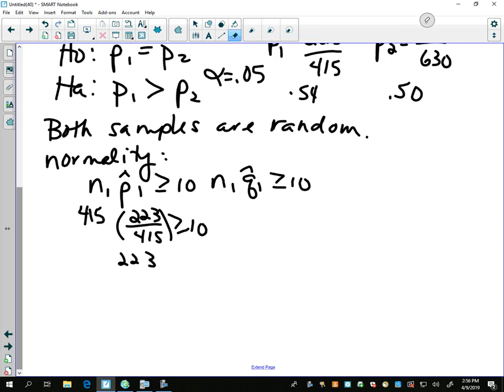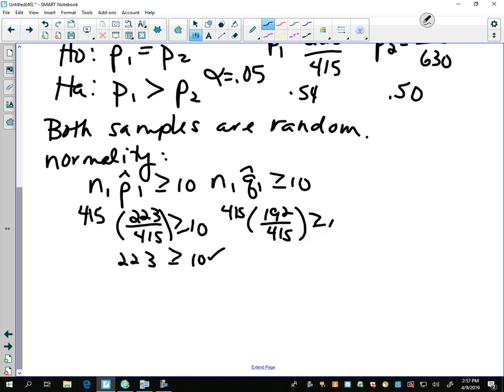And then 415 times q hat. Q hat here would be 192 over 415. These cancel, so 192 is greater than or equal to 10. And we have to do this for the other sample that we got.